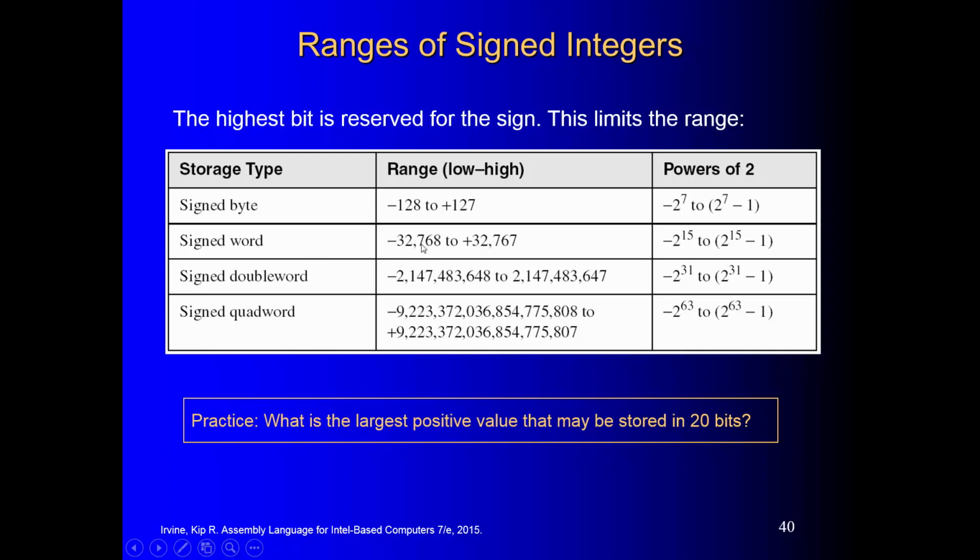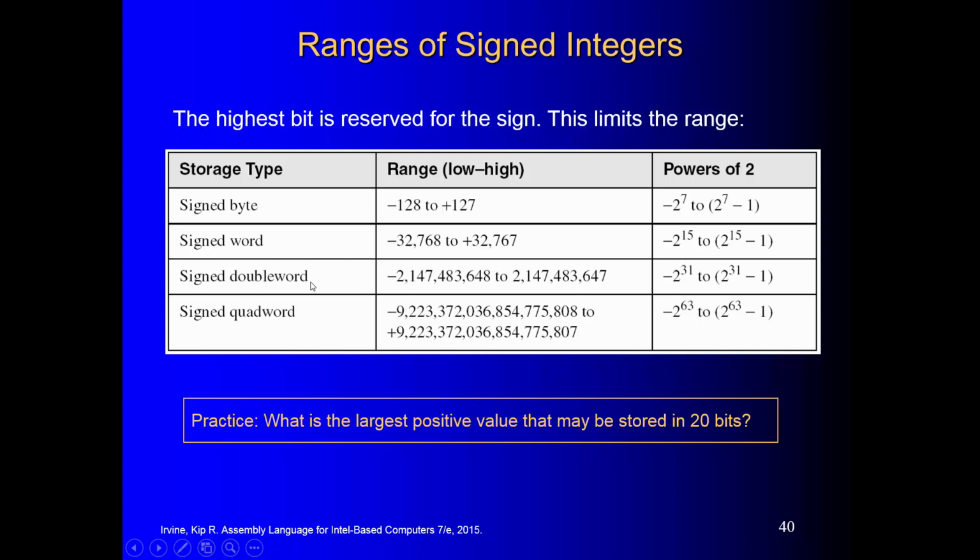So you can only use the leftover 15 bits for value. So that's why the range is this much, base 2 to the 15th power and 2 to the 15th power minus 1. So you can check and verify this. They have the same logic.